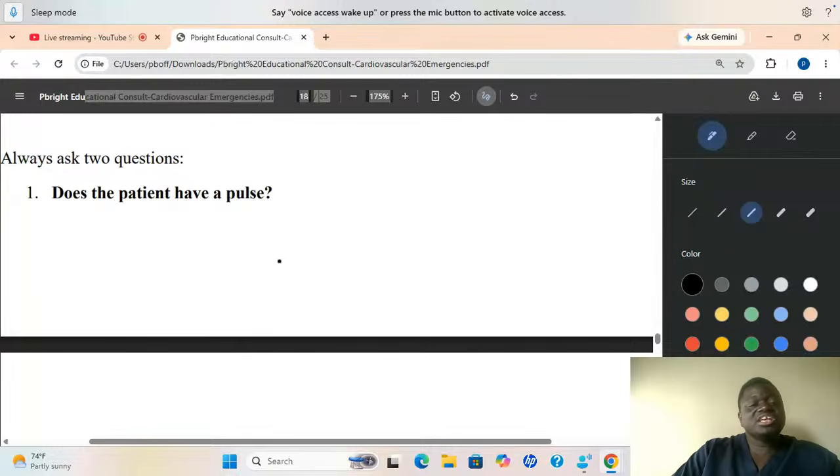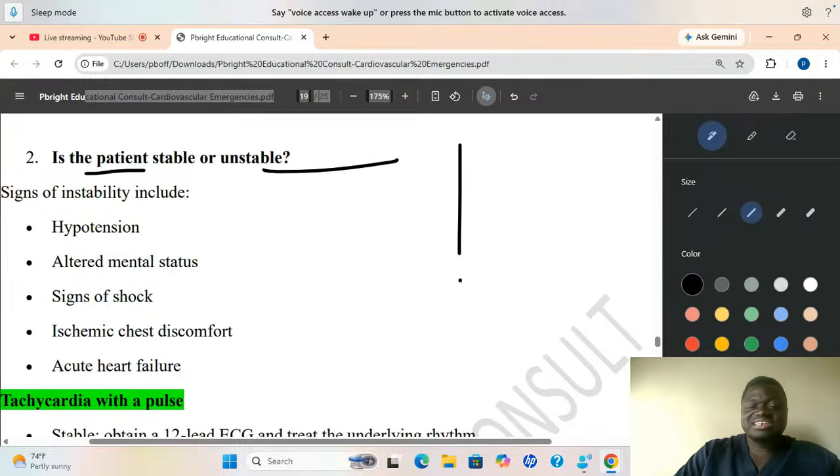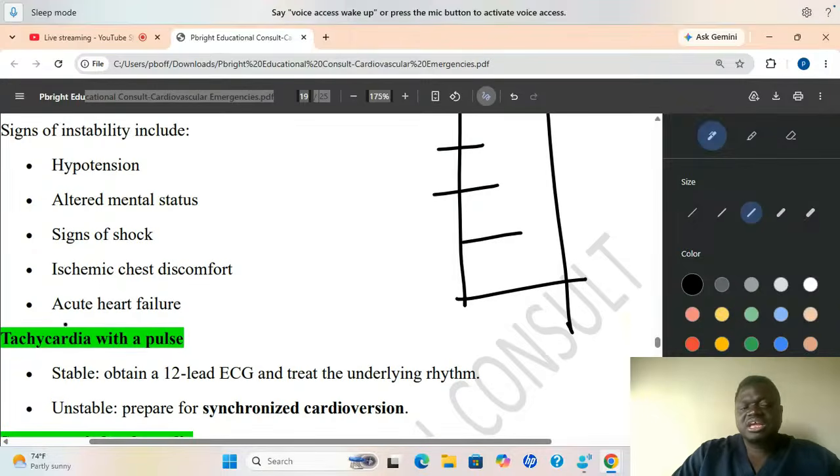So anytime you see anything like this, ask yourself, is the patient having a pulse? That's the first question. Secondly, is the patient stable or unstable? Signs of instability, the vital signs. Every system, you should know the signs of instability. So hypotension, altered mental status, signs of shock, ischemic chest discomfort, acute heart failure.